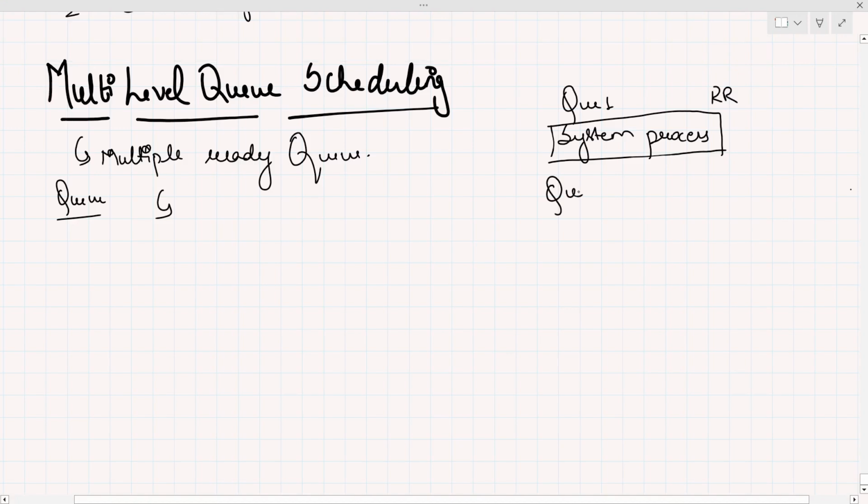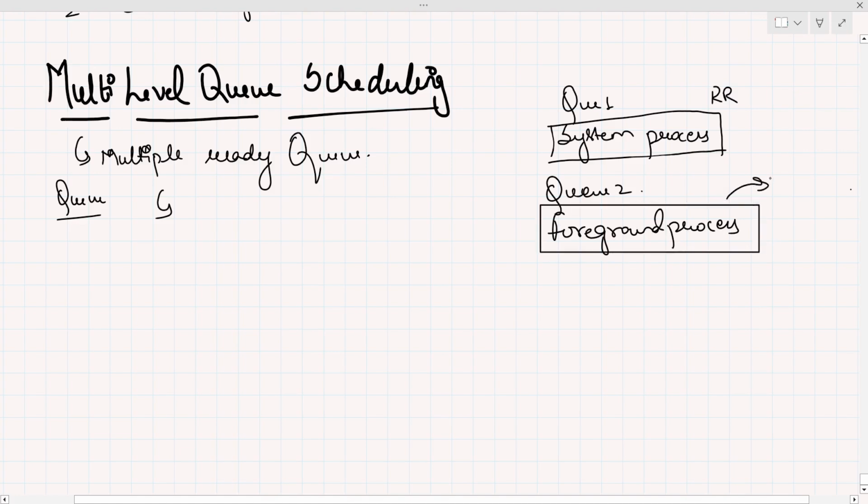Let's say we have one more queue. Multi-level queue means many queues are there and each performs some particular scheduling algorithm. Let's say Q2 is all about foreground processes, and this is handled by some other scheduling algorithm, let's say SRTF.